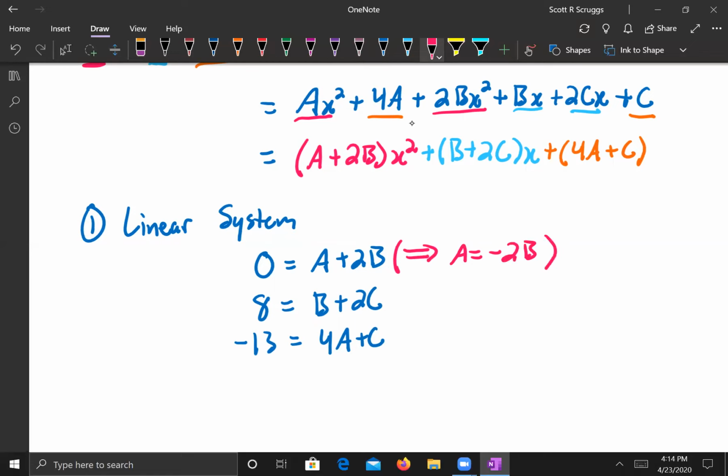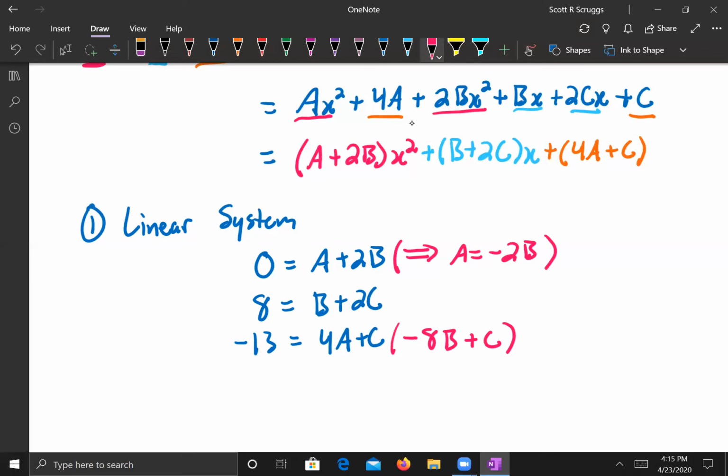So if I subtracted both sides by 2 times b, I quickly get that a equals negative 2b. Which means anywhere that I saw an a in any of the other 2 equations, I can now substitute that in for a. In this case, in the third equation, because I have 4 times a, I replace it with negative 8 times b plus c.